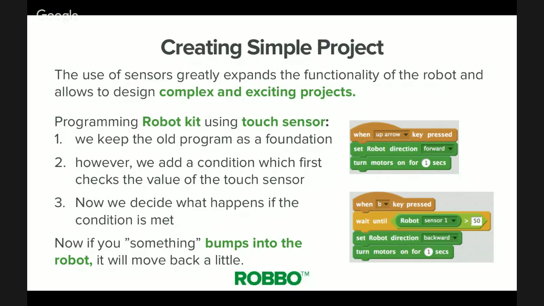And for now, we will need a condition, as it was said. So the robot needs to wait until something happens, until the sensor reads that there was a collision with another object. Here you can see actually already a hint what kind of block can fit into this small window.